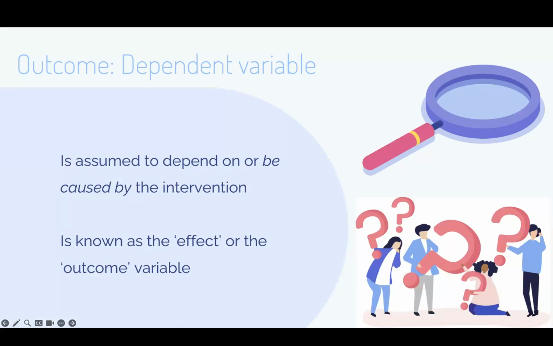Alternatively, calling it the outcome variable emphasizes its role as the ultimate result we are investigating. In social work research, the dependent variable can range from a quantifiable entity, such as the number of employment opportunities created by a social program, to a more subjective measure, such as the improvement in mental health status following an intervention.